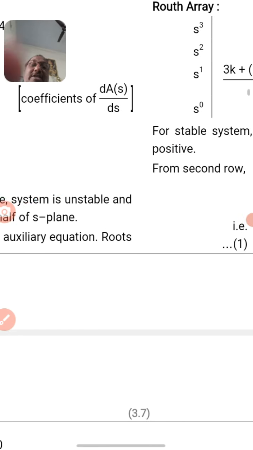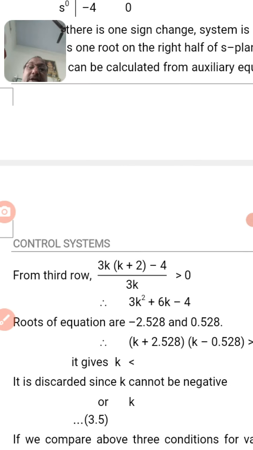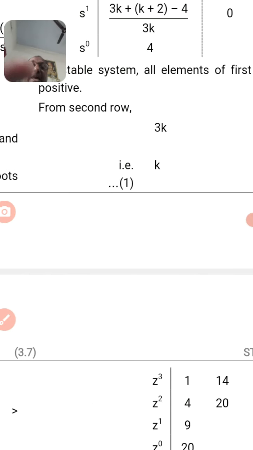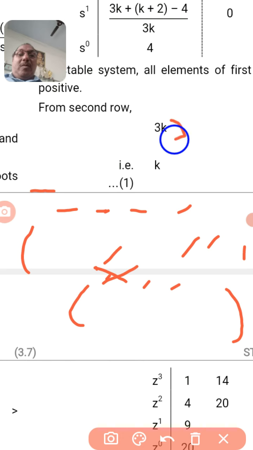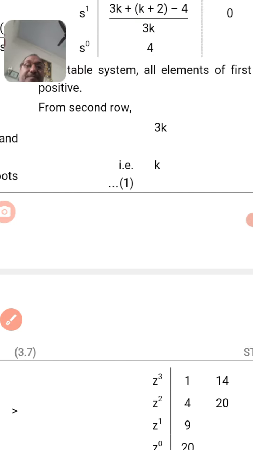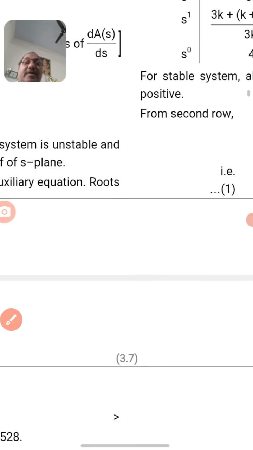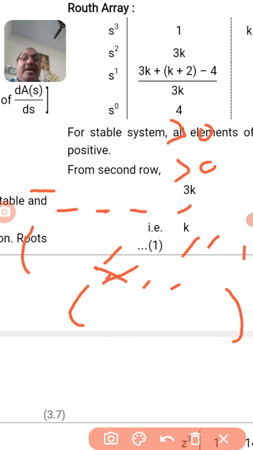So the equation is 3k greater than 0. So I can say that k should be greater than 0. Output here, k should be greater than 0.